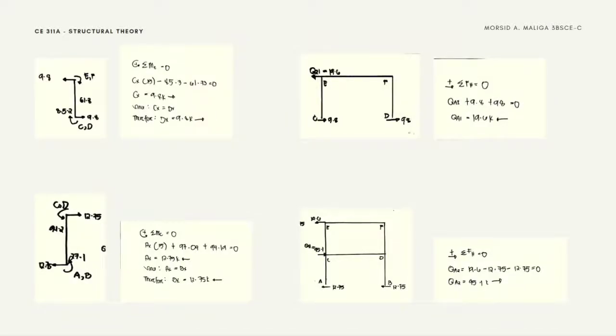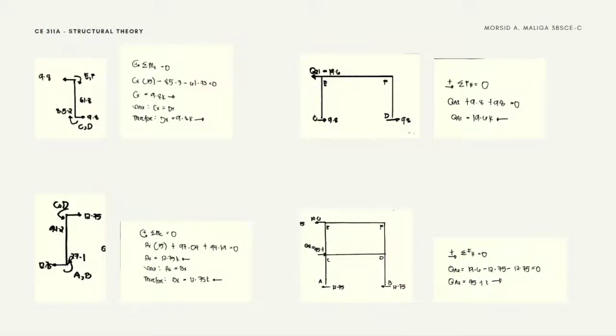So next for our point AC, or BD, it's the same. What we're going to do is let's assume counterclockwise positive. Let's use the summation of moment at point C is equal to 0. So Ax times 15 plus 97.04 plus 94.19 is equal to 0.